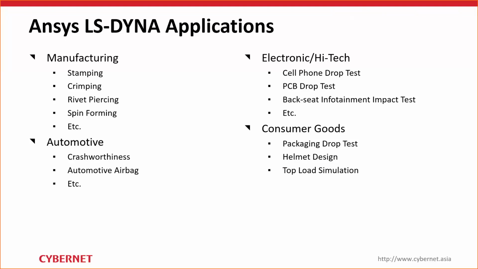At this point, I believe you get the idea of what kind of application is most suited for the explicit dynamics approach. Now, of course, drop test is definitely one of the analyses that fits right into this method of analysis. That's why we have this kind of introduction beforehand.